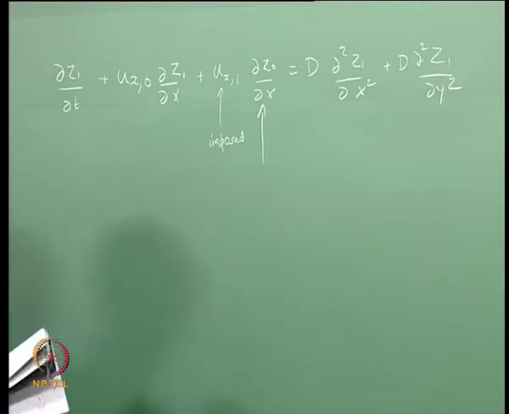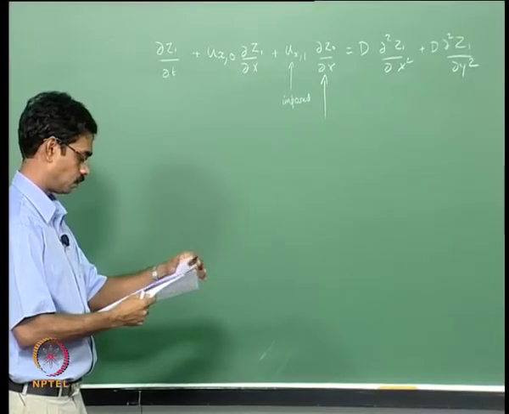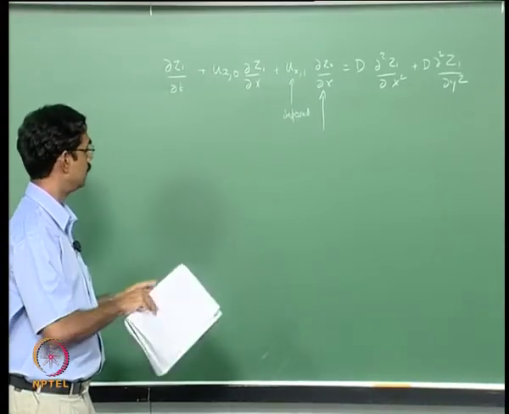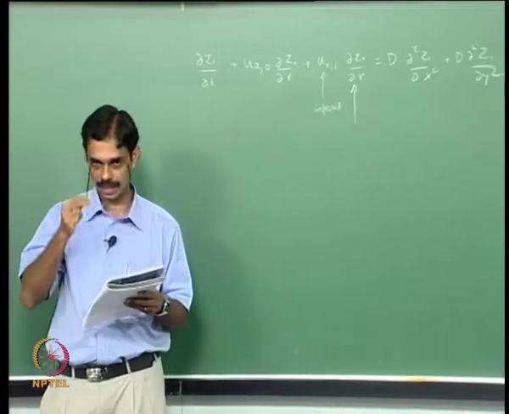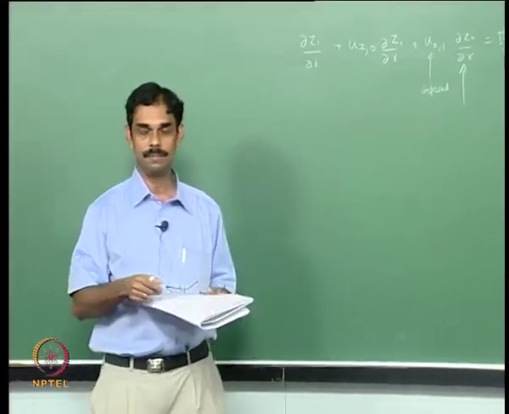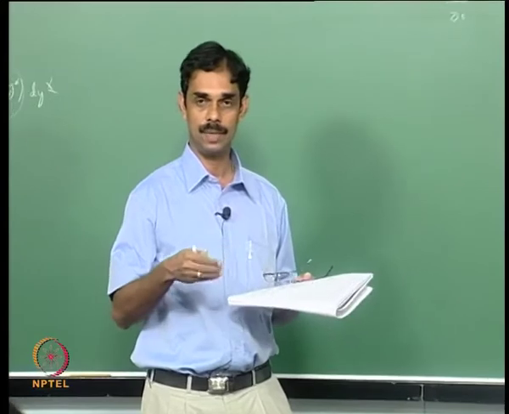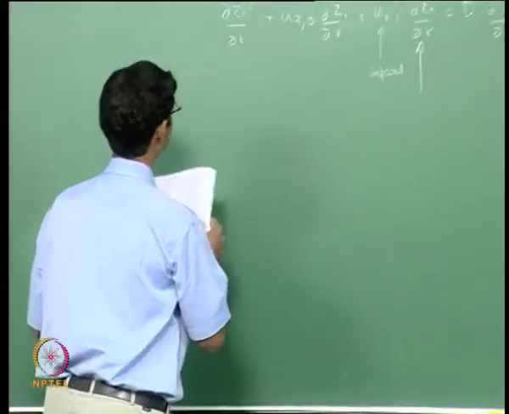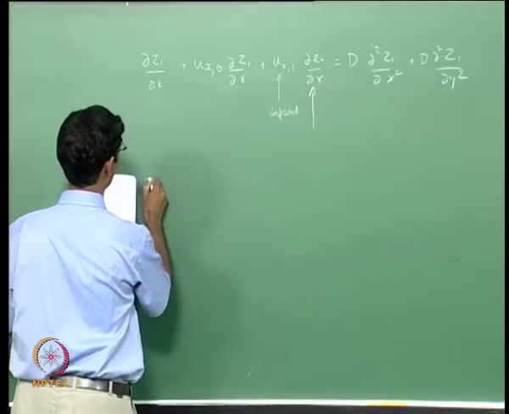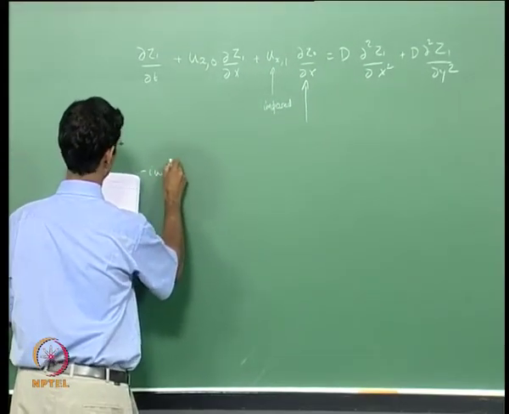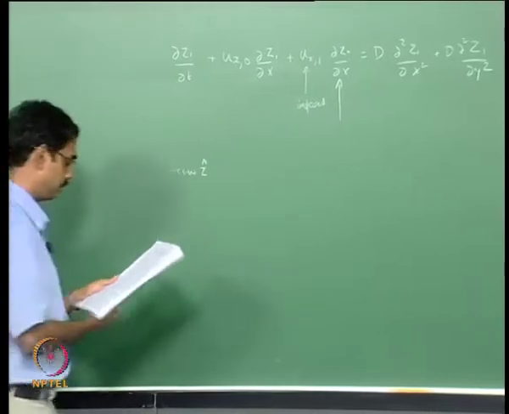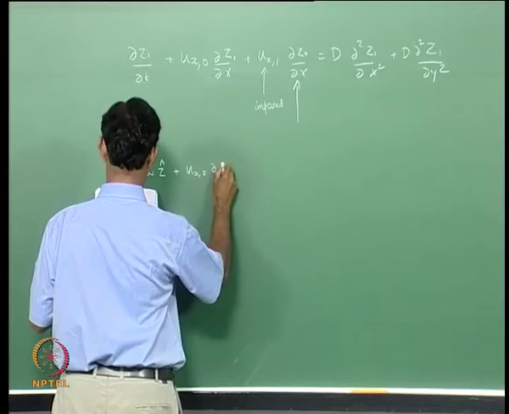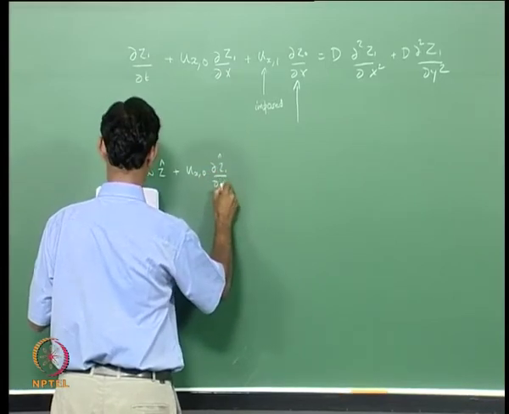And if you use u hat is e power minus I omega t, when you differentiate e power minus I omega t you get minus I omega times z hat. Okay, so this term would be minus I omega z hat, like the Fourier transform, plus ux comma 0 dou z1 hat by dou x.